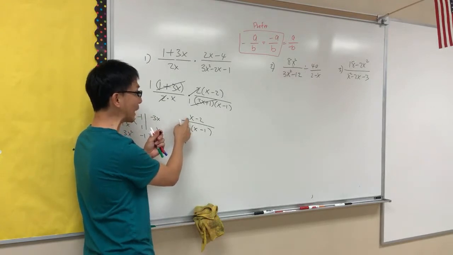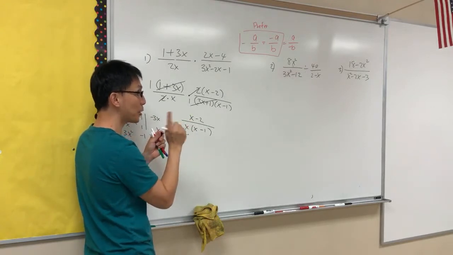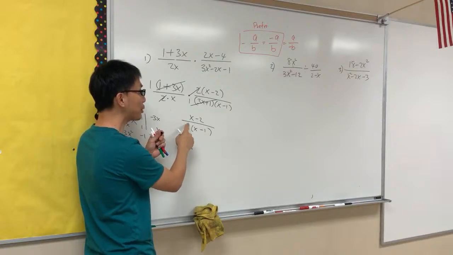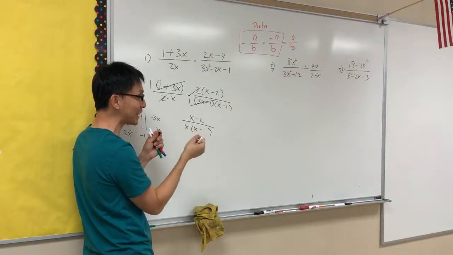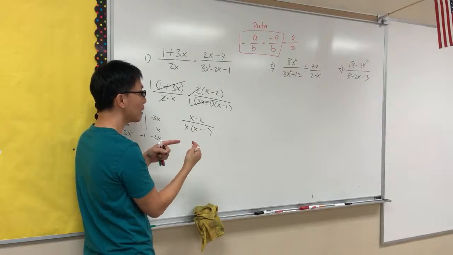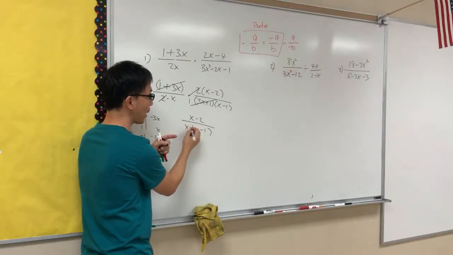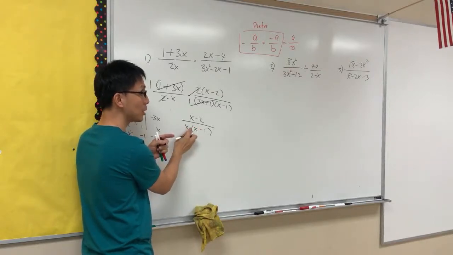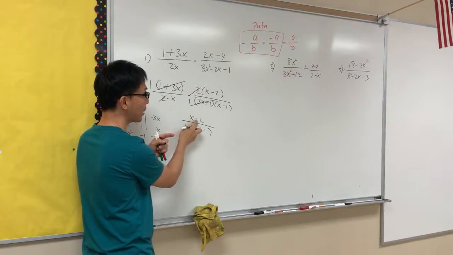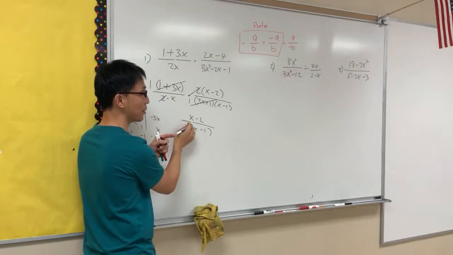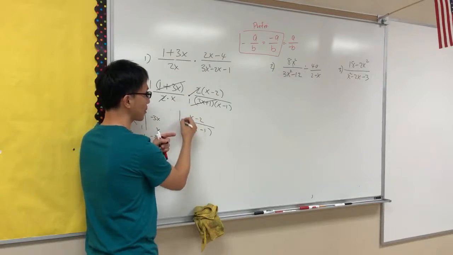Remember, you do not cancel anything until you make sure the factor that you cancel is not connected by an addition or subtracting sign. This is connected by a multiplication sign, you can cancel with this, but this one right here is connected by what? A subtracting sign. So you cannot cancel those two. So your final answer is going to be like this.